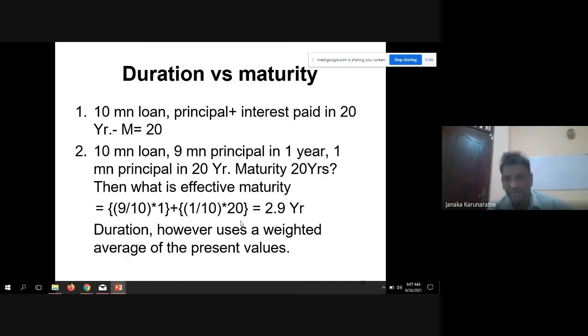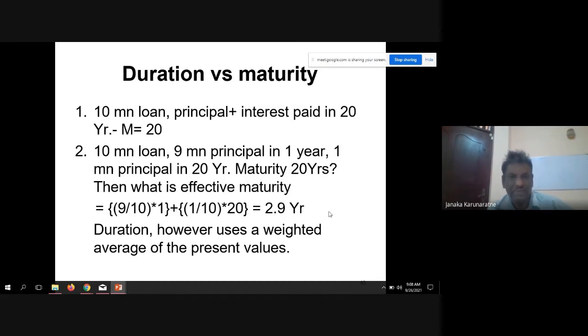So effectively, from a mathematical point of view, the maturity would be 2.9 years.